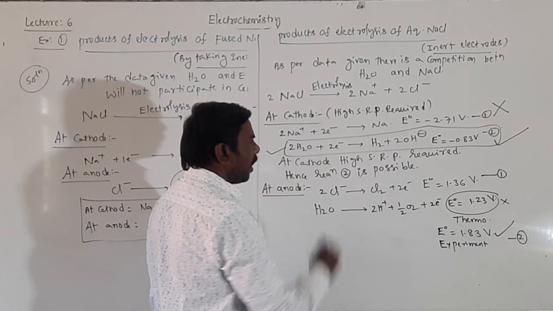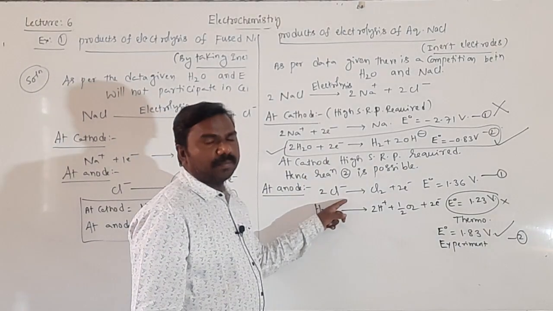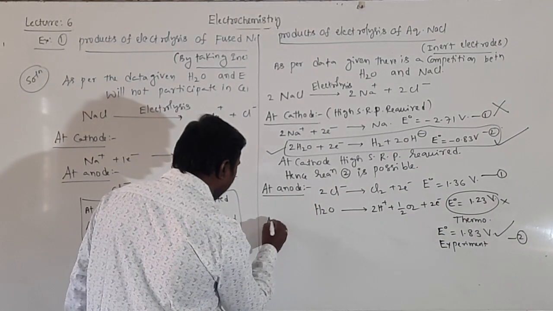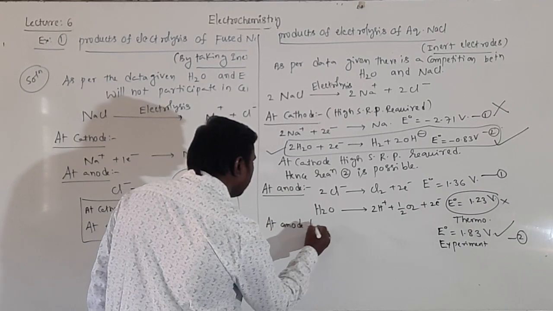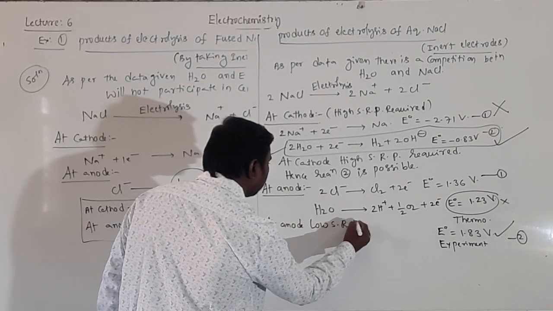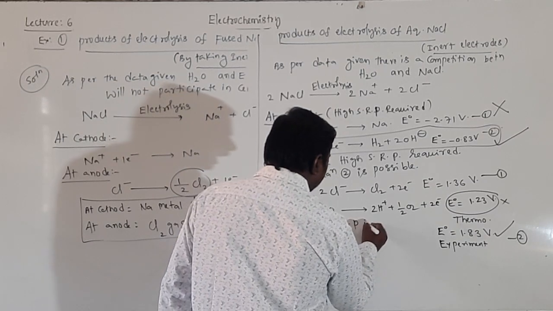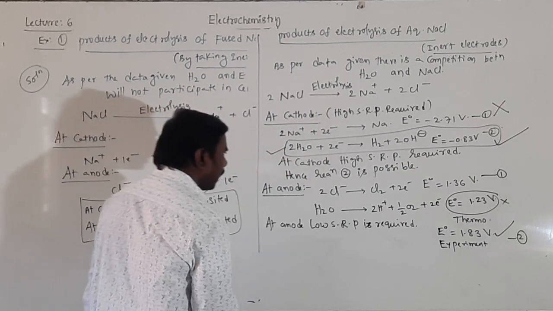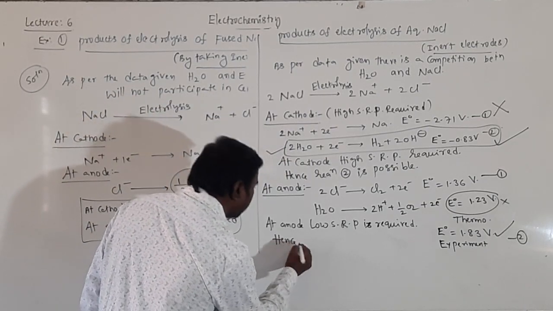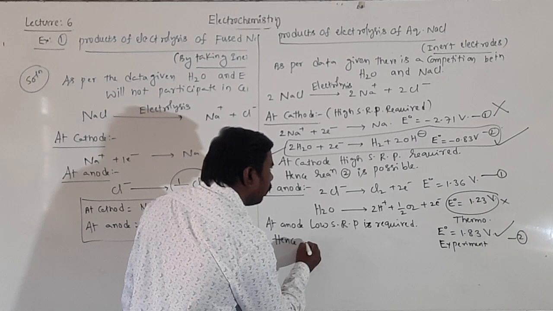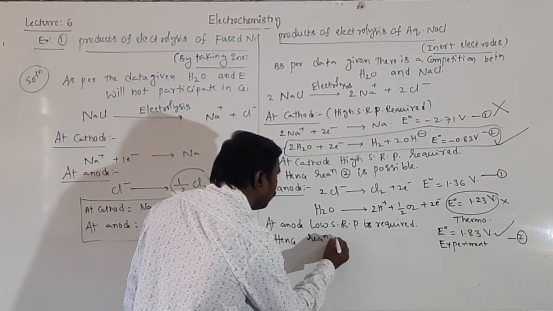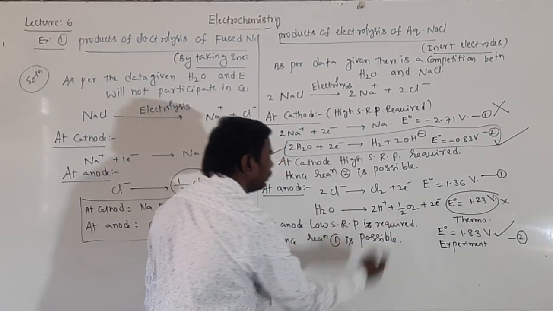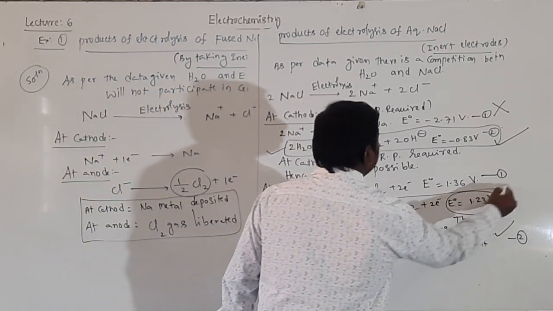Obviously 1.36 is favorable because of low SRP; oxidation at the anode is favorable. At the anode, low SRP is required, right? Hence reaction 1 is possible. This reaction is possible. I am putting a box.